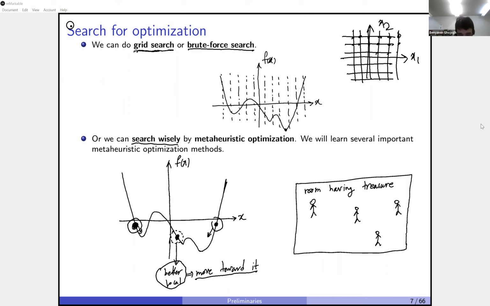So a good example for meta-heuristic optimization is that assume you have a room where there is a treasure under the ground. And assume we don't know where the treasure is. We are some people, or particles, in other words. We randomly spread in the ground. And we say, okay, let's each of us dig some part of the ground.